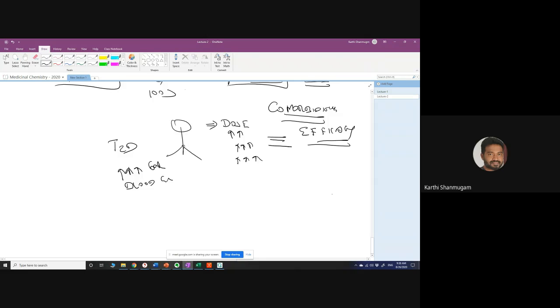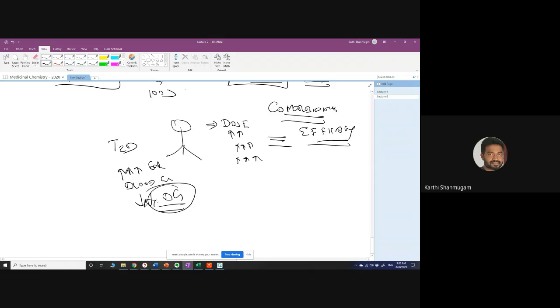So what they will check is whether after taking the drug molecule, at what concentration they are able to see a reduction in the blood glucose level. They will measure that. Unfortunately, if your drug molecule, even at a higher concentration, is not able to decrease the blood glucose level, your molecule has failed. That's what we can say, right?